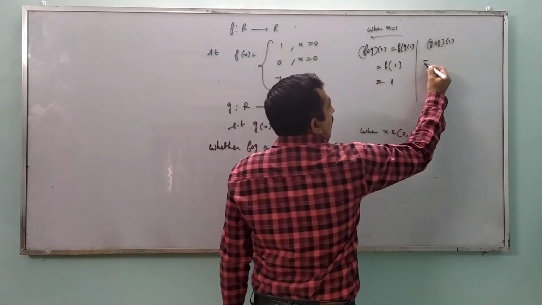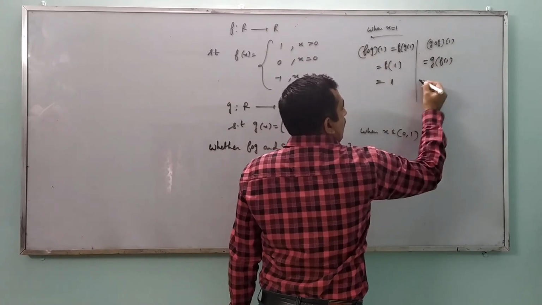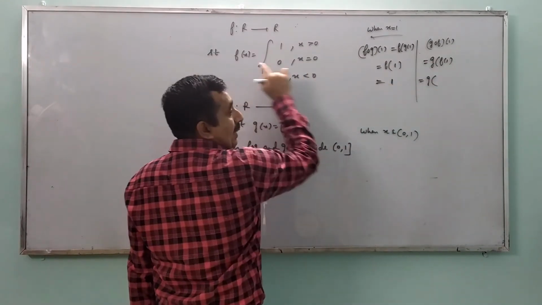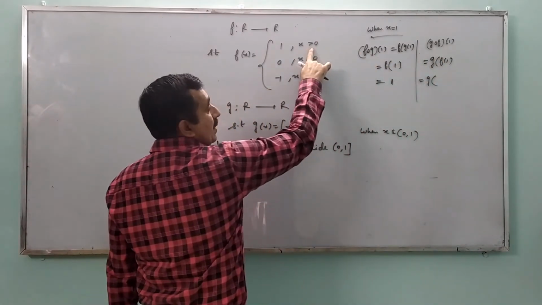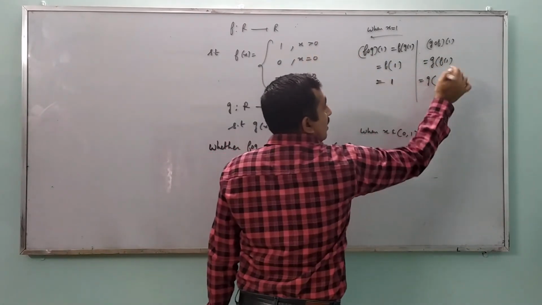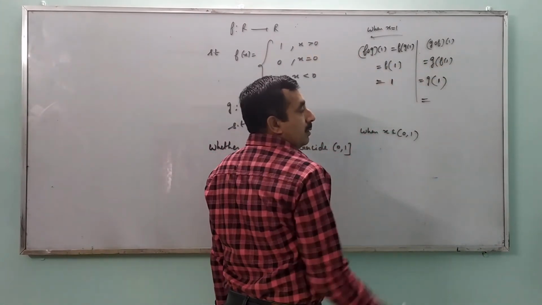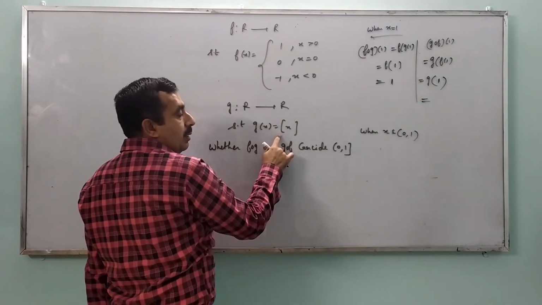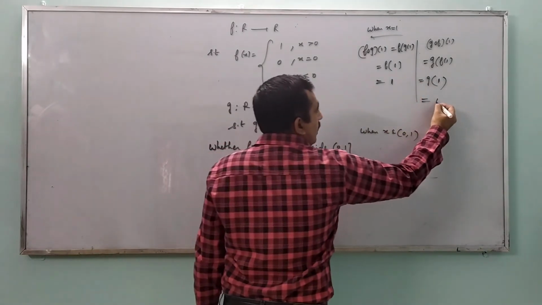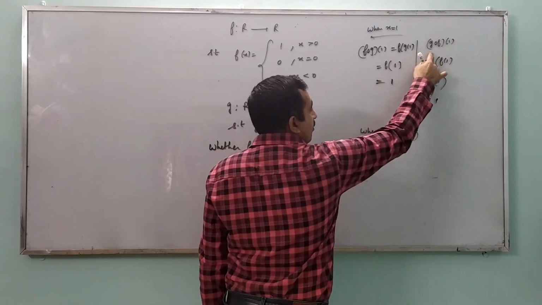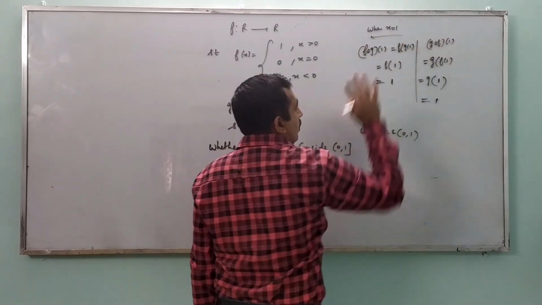Again, firstly find f(1). 1 is in the domain x greater than 0, so the answer is 1. Now I need g(1). When I put 1 here, again 1. So f of g and g of f have the same value when x equals 1.